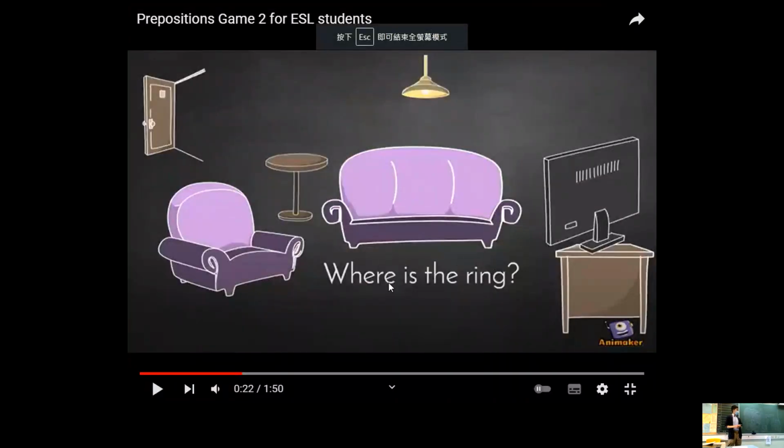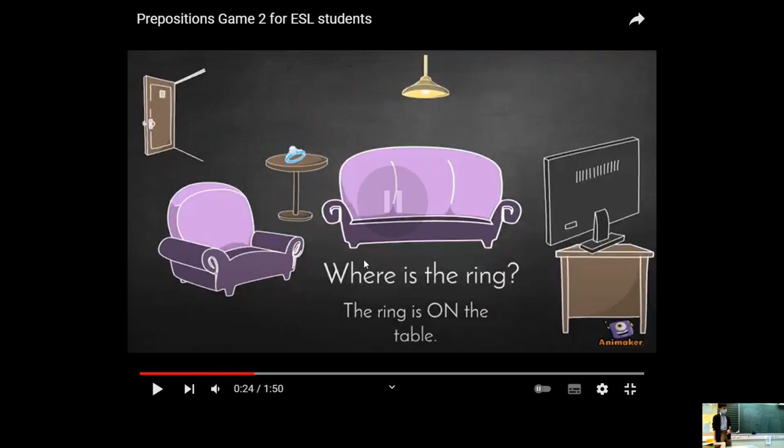Okay, in this section, tell me where the ring is. Where is it? Yes, on the table. Everybody, the whole sentence. The ring is on the table, yes.